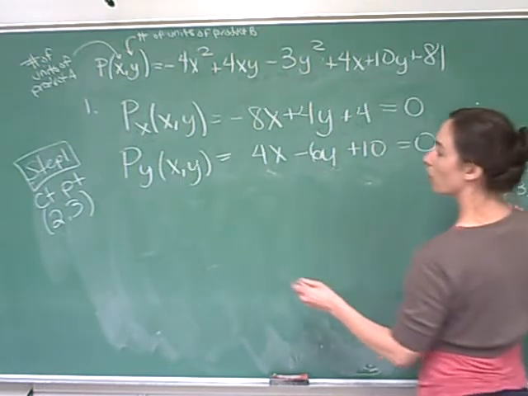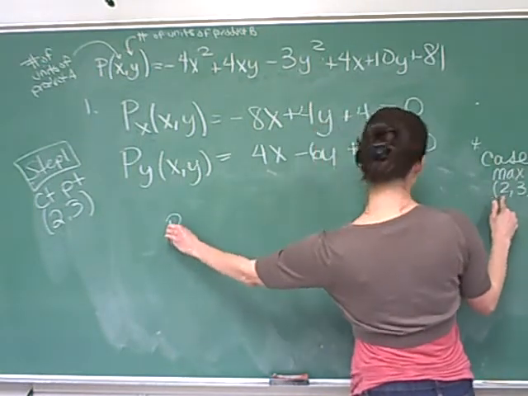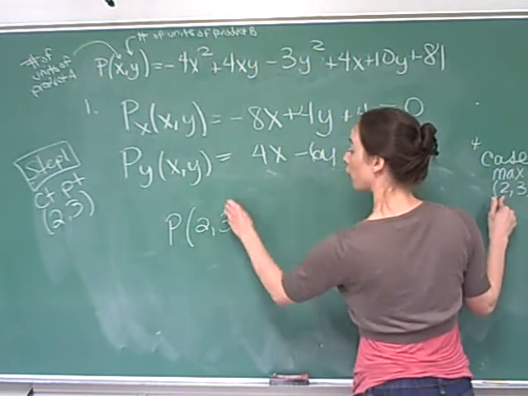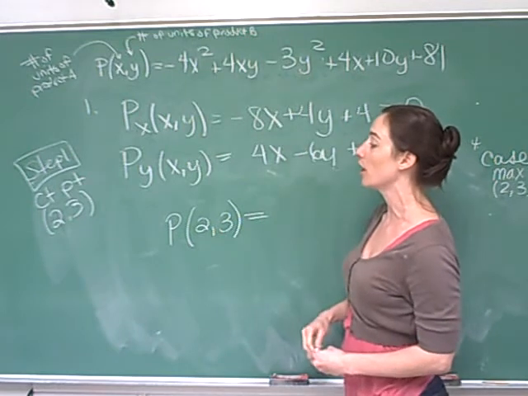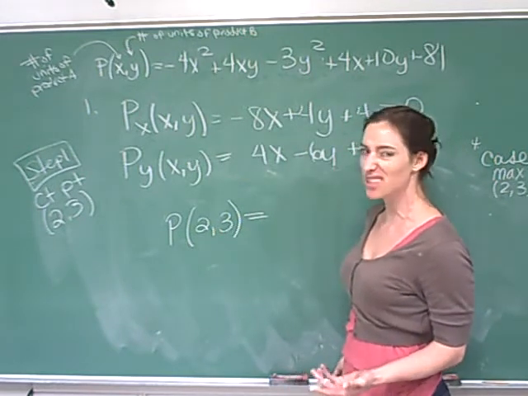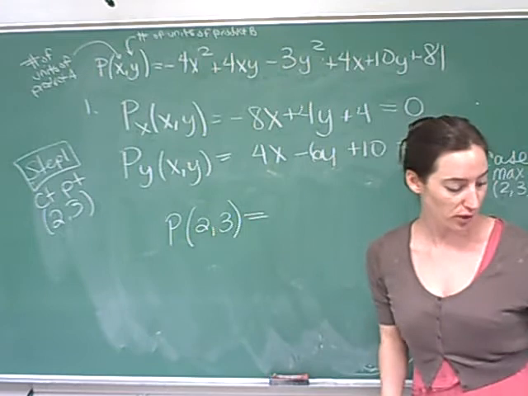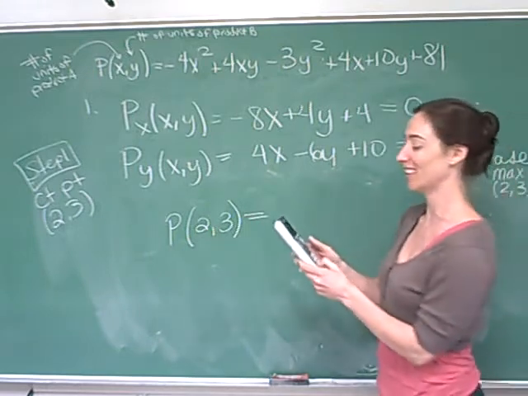Okay, so my profit at 2, 3, plugging these values into this original function, which is crazy long, so I'm just going to use my calculator, which hopefully, yeah, I brought, good.